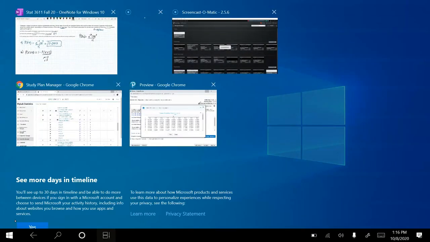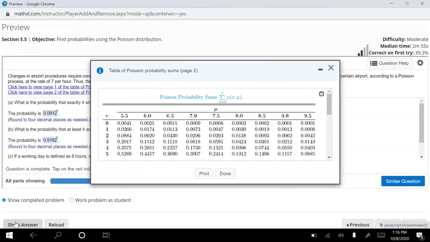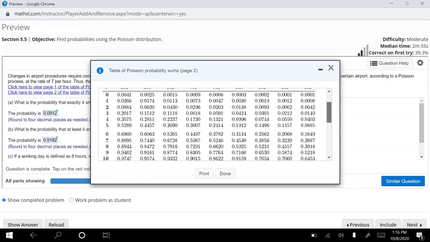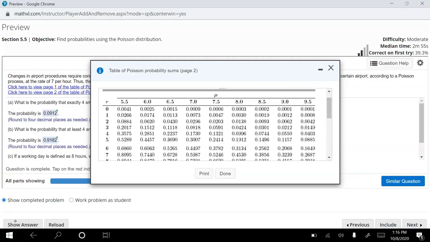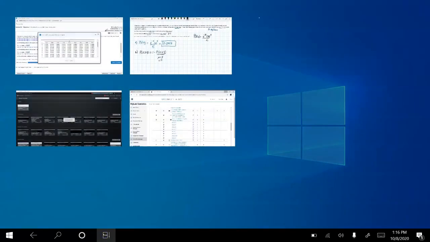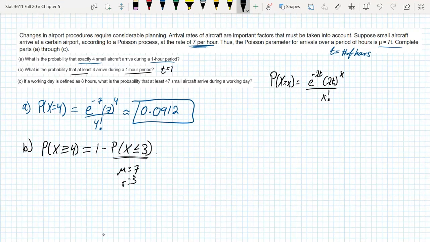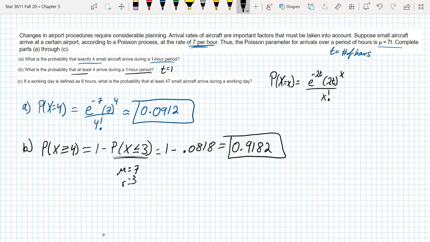All right, I've got 0.0818. So what is 1 minus that? 1 minus 0.0818 is 0.9182.